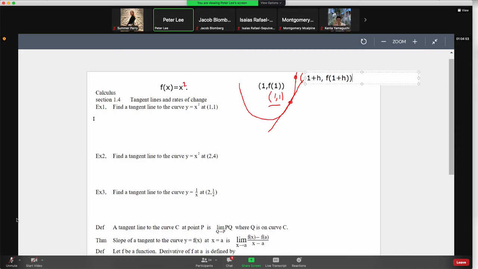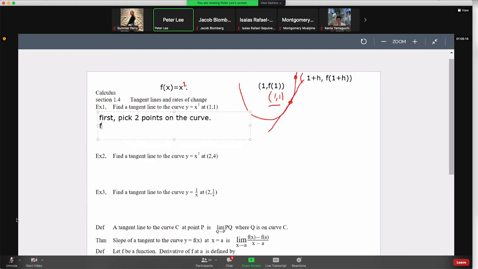Now, what is the slope of the line connecting them? So what we do first is pick 2 points on the curve. What is the first point? What is the fixed point?